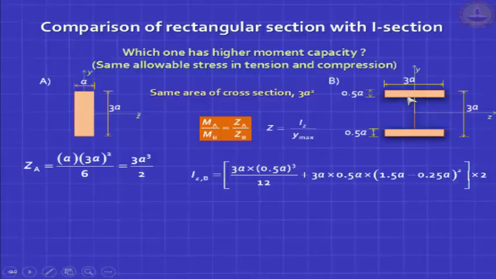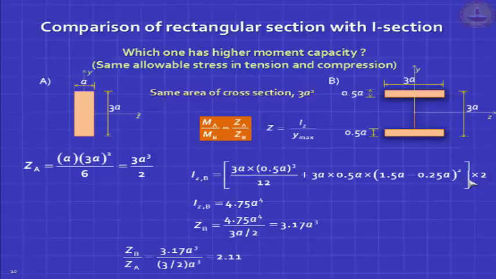If you remember, the area is 3A into 0.5A, and the distance from the centroidal axis is actually, you have to get it to the centroid of this area, so it's 1.5A minus half of 0.5A, the whole squared. You work this out, you get something as a function of A raised to 4. And then to get Z, you have to take I by Y max, and you get something.